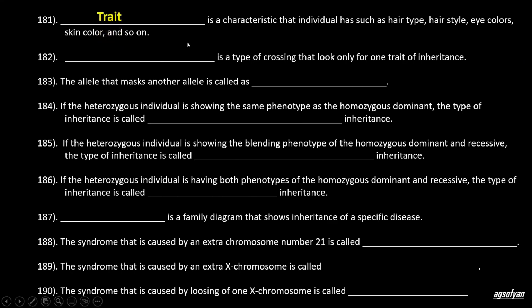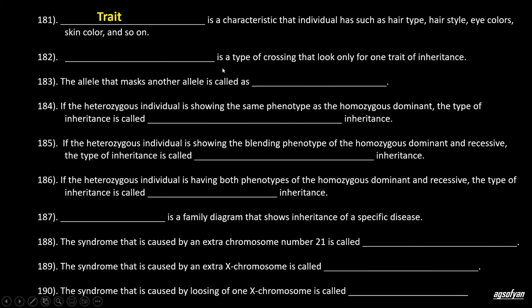Traits will have versions, called the phenotype. For example, if it is hair type, the trait is hair type. Maybe the phenotype will be curly, wavy, or straight hair. The eye color, this is the trait. The phenotype may be blue, green, brown, or black.